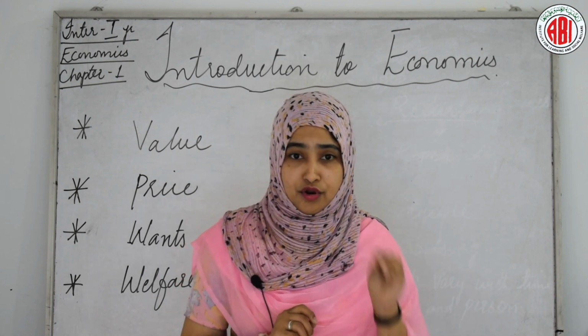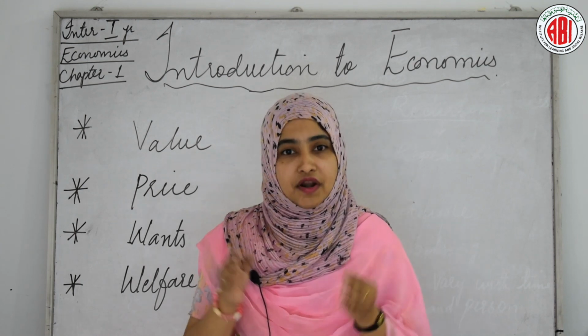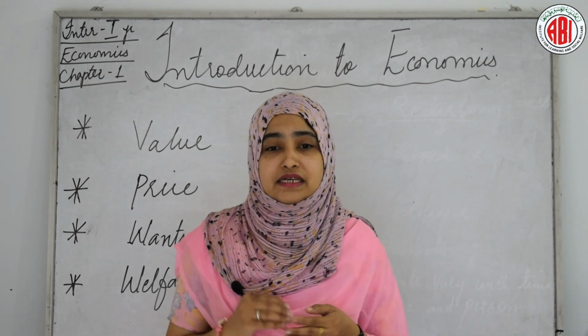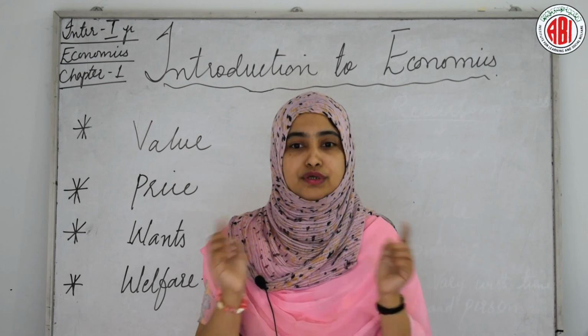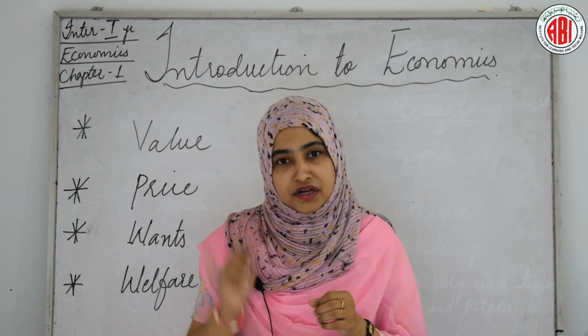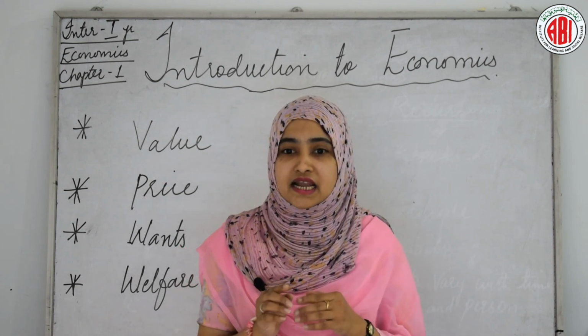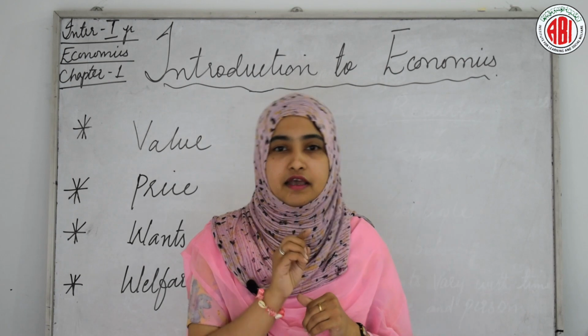Microeconomics studies the behavior of individual units, whereas macroeconomics deals with the study of the whole economy. Positive and normative sciences analyze some of the important methods developed by great economists.